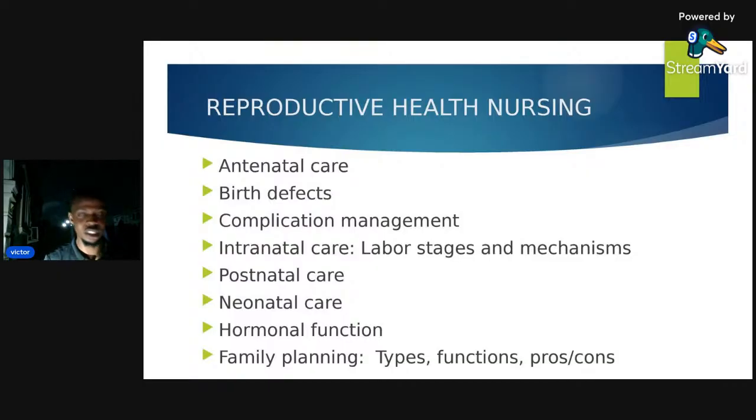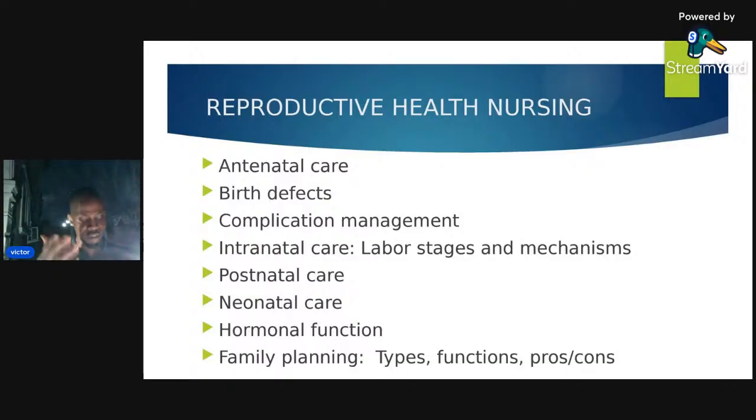It might occur alone or in conjunction with the lip, so the person will have cleft palate and cleft lip. This may disrupt the normal breastfeeding process as the child won't be able to suck effectively. So that is why we have to be aware and know how to manage any of these birth defects that we come in contact with.